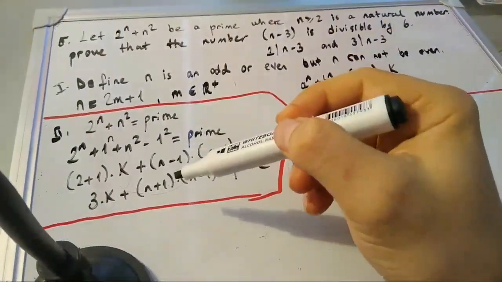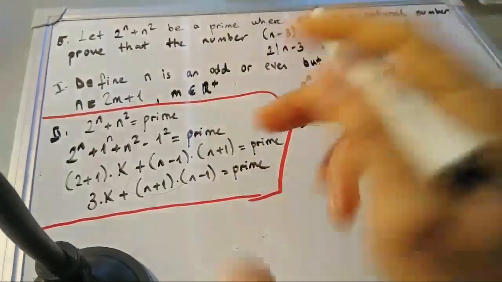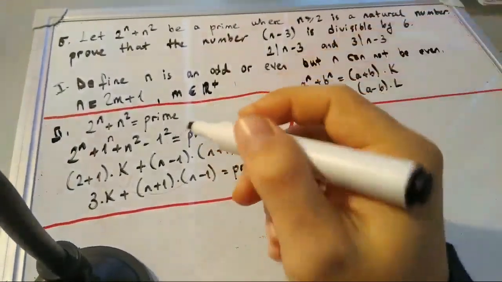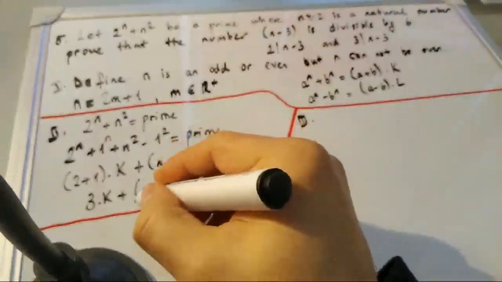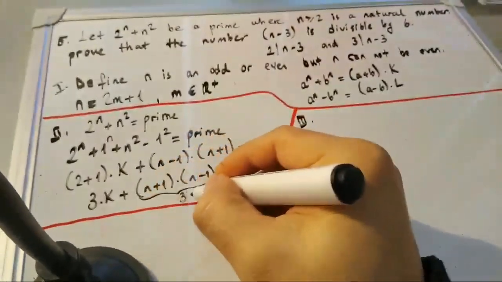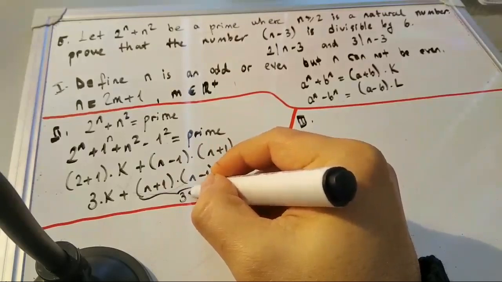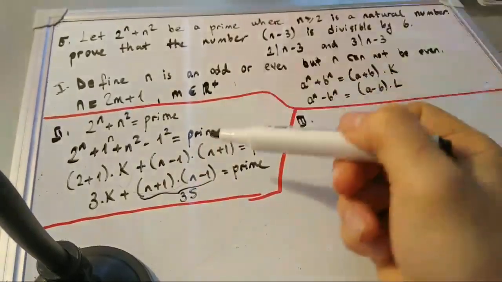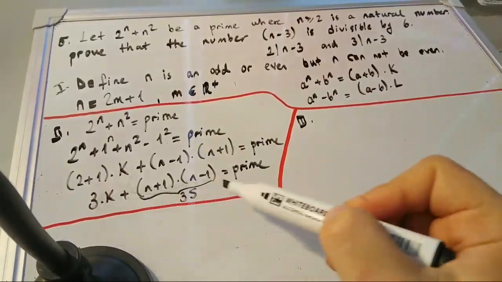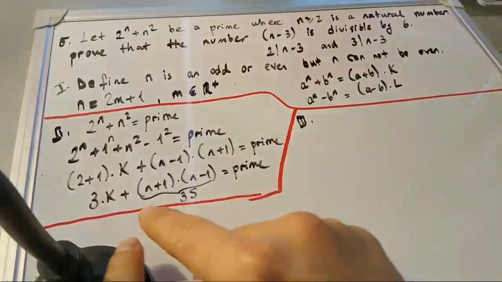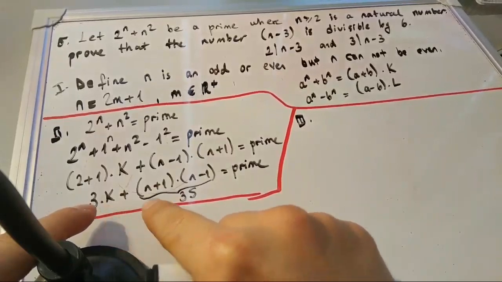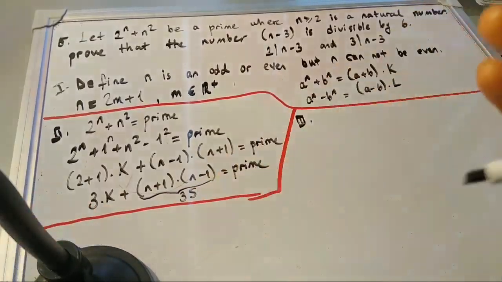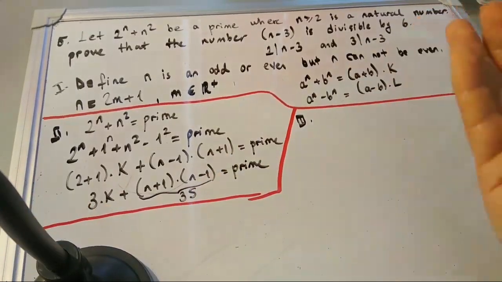If n plus 1 times n minus 1 is divisible by 3, for example, let's say 3s, so 3k plus 3s, there's a common factor, which is 3. So we will get 3 times k plus s, but 3 times k plus s cannot be a prime number.